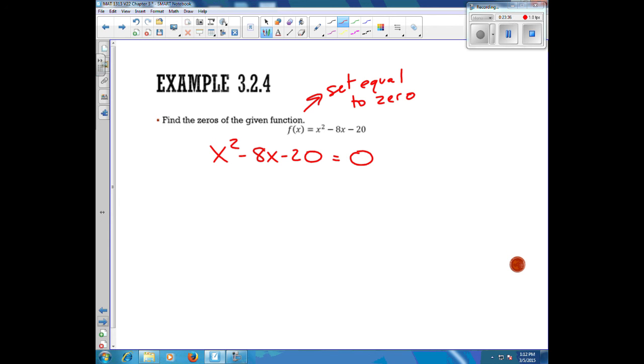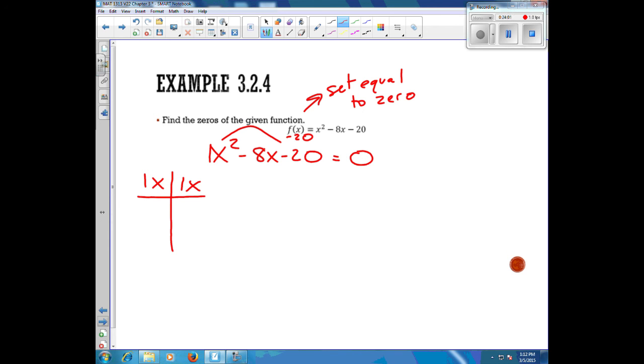Then we can use factoring to solve this quadratic equation. Once again, we take the first number and the last number, but the first number is 1. We multiply them together and we get negative 20. We're going to make ourselves a box here. Write the coefficient both times, and then split up the variable x and x.